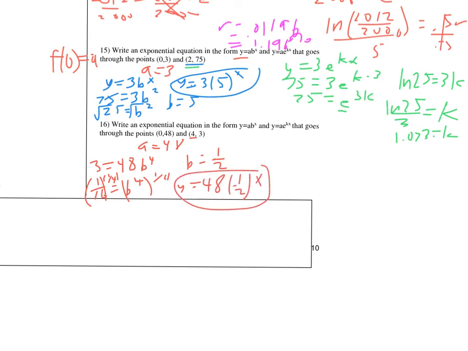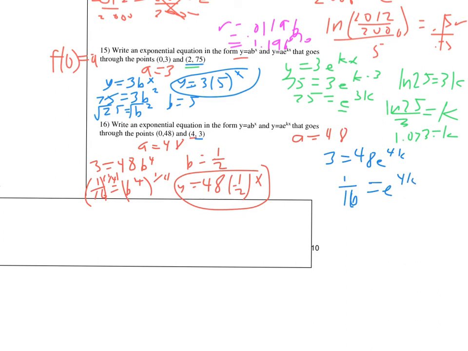Now for the other form, I know that a is still 48. Let me do this in another color here. So then we have, using the other point now, 3 equals 48 times e to the power of 4k. And so I know again 1 over 16 equals e to the 4k.